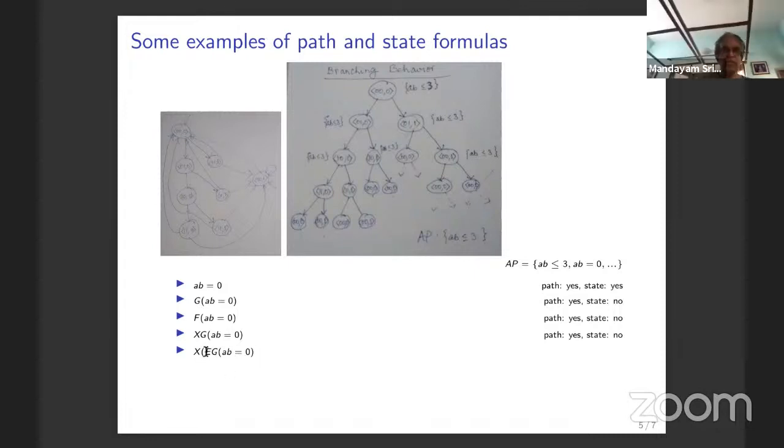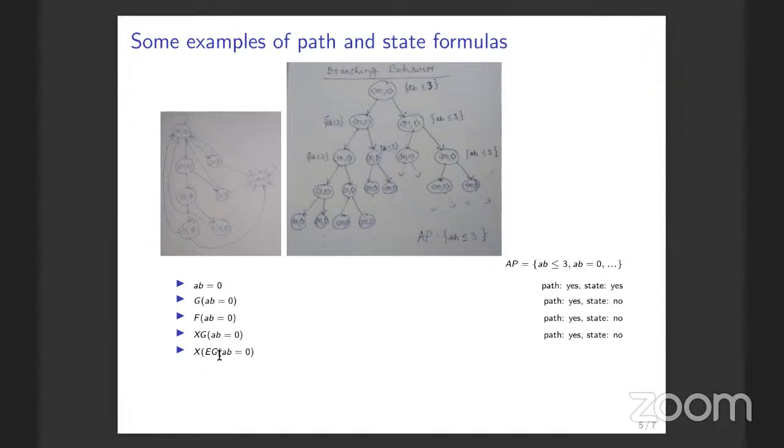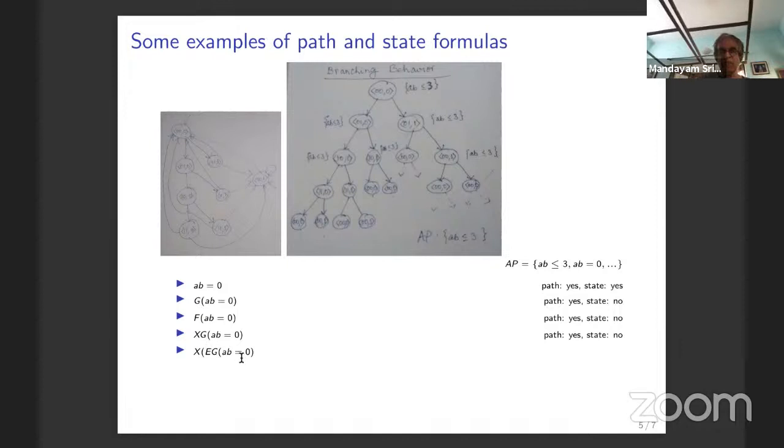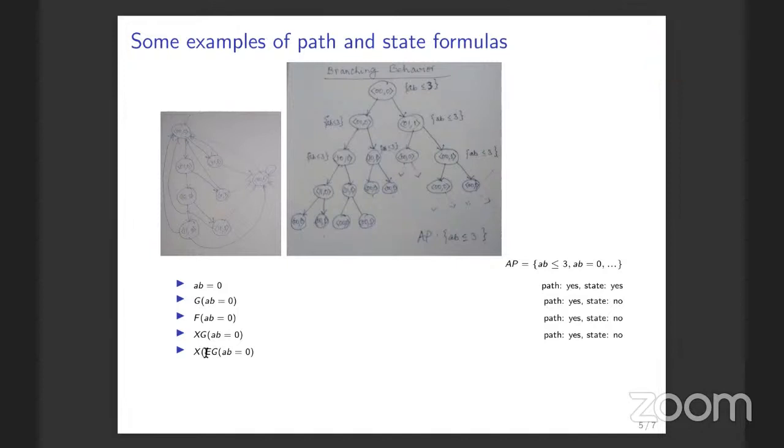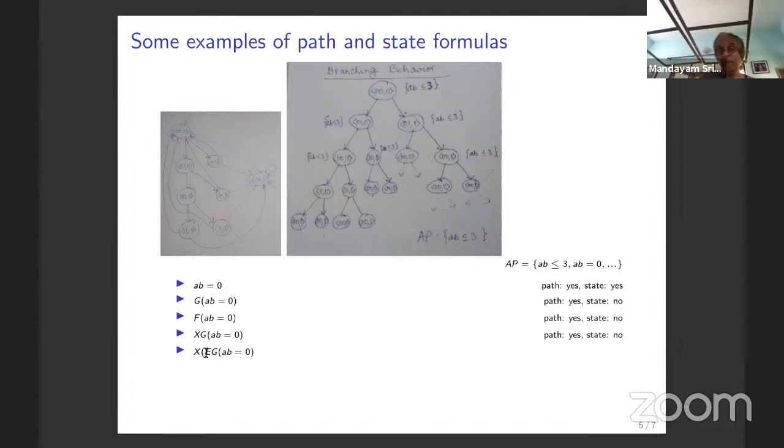That's not the reason, because how is it constructed? By applying X, a linear temporal operator, to a subformula. Okay, what is the subformula? The subformula is a state formula. But a state formula can also be used as a path formula, okay? Remember, that's what we said.